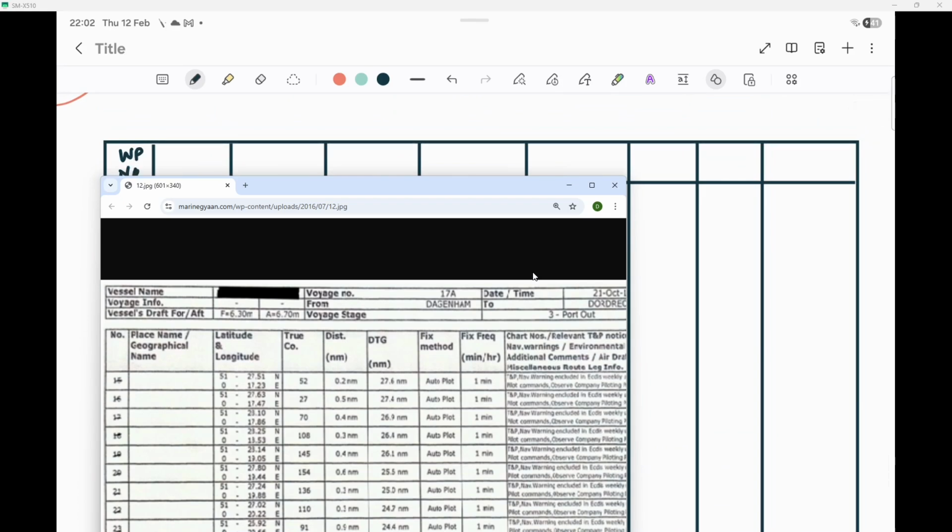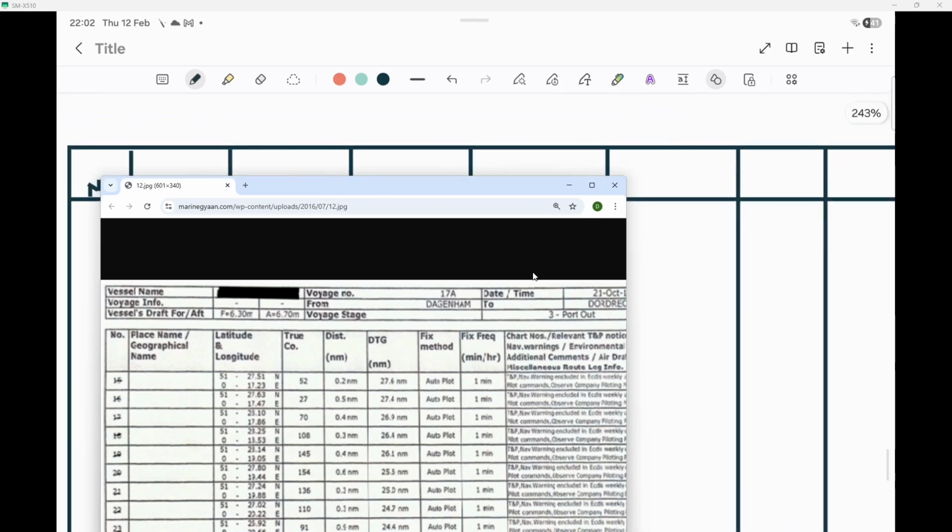Waypoint number, latitude, longitude, true course, distance in nautical miles, then distance to go. DTG means distance to go, then fixing method.